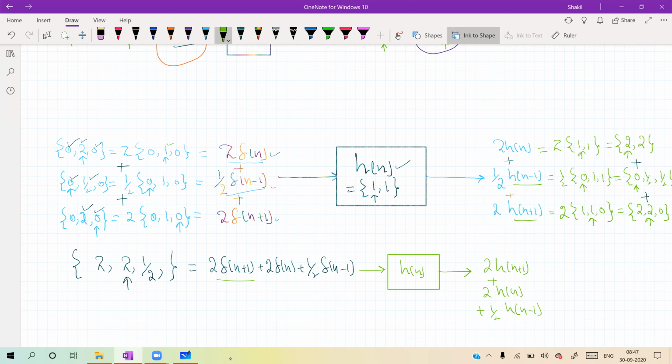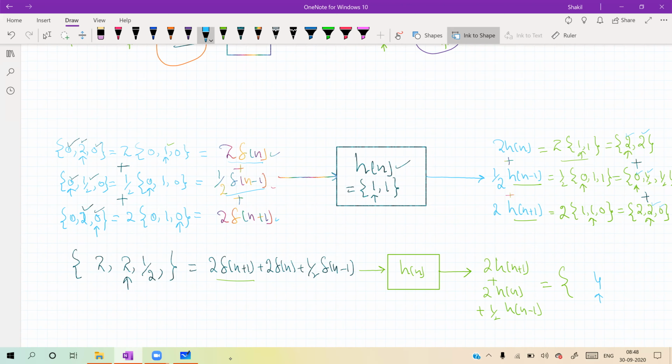Now if you sum these, this means simply the summation of these. To sum the corresponding values, first let's get n equal to 0. So this will be 2 plus 0 plus 2, that's 4. Then n equal to 1: this is 2, 1 by 2, and 0.